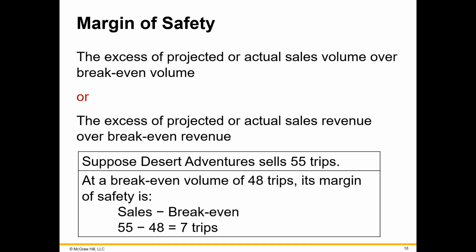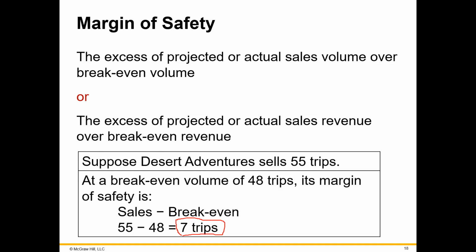So 55 minus 48 means that we have a margin of safety of 7 trips. So even if next year the number of trips goes down by 10%, which would be 5 trips, we're still making money. So we might consider this a relatively safe business to invest in if we were to do so.